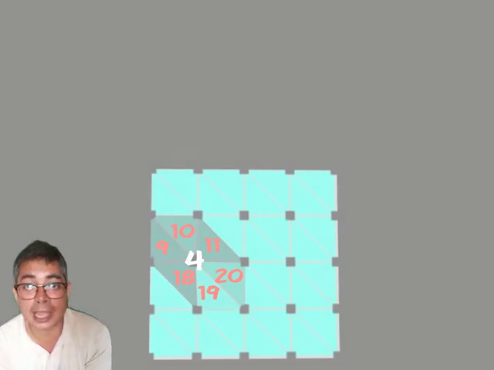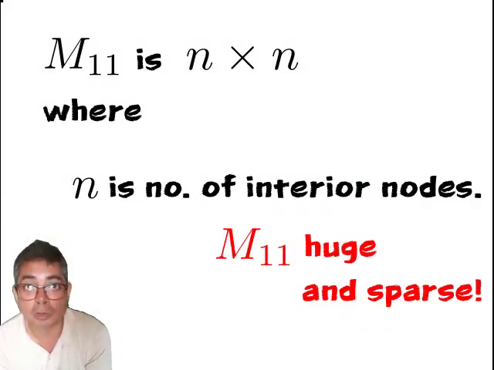So even if you increase the number of nodes, even if you increase the resolution of the mesh, still the underlying structure remains the same. There are always at most 6 triangles adjoining any given node.